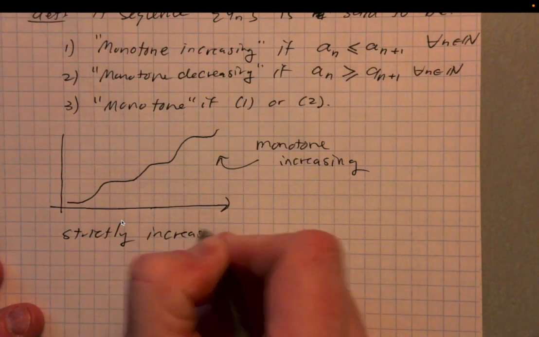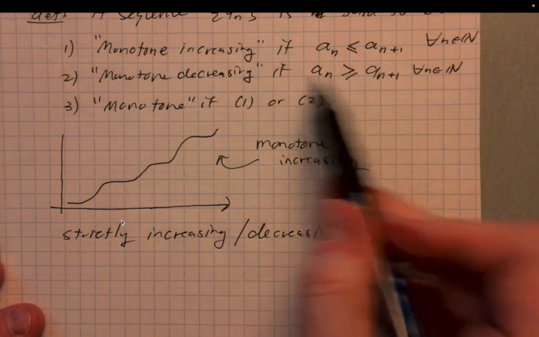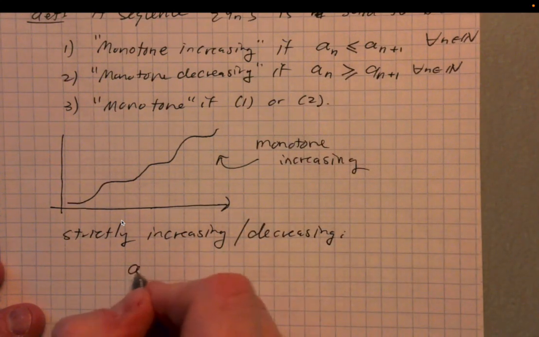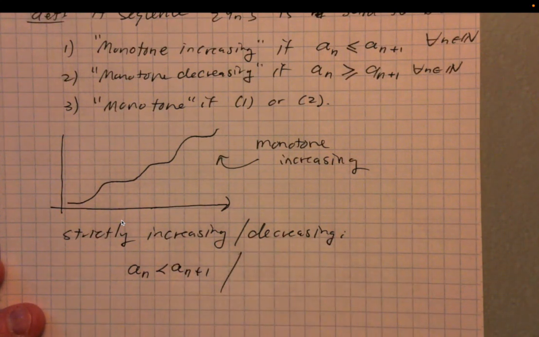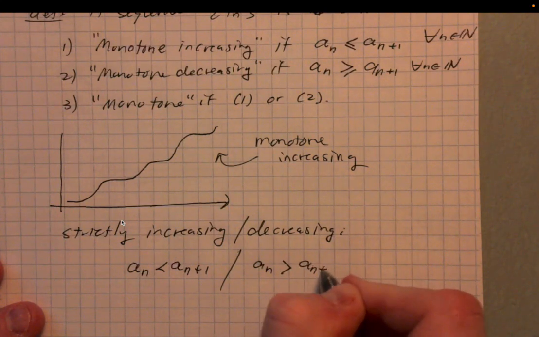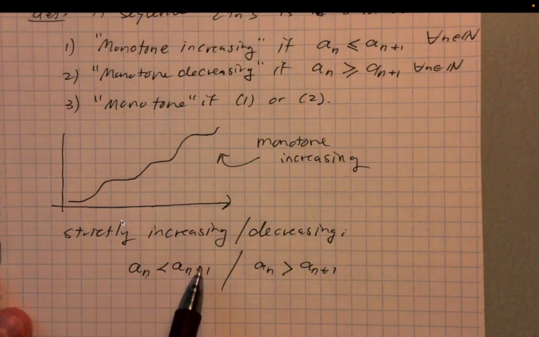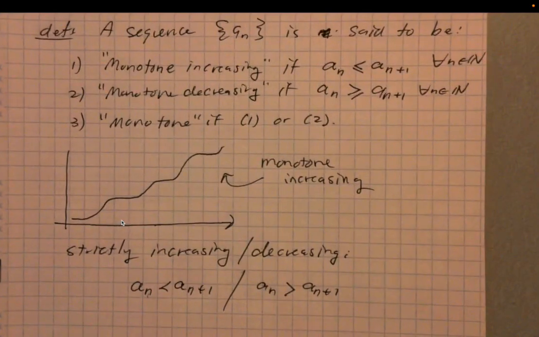Strictly increasing means that a sub n is less than a sub n plus 1, and strictly decreasing means that a sub n is greater than a sub n plus 1, meaning that each successive term is never equal, but either larger or, in the case of decreasing, smaller. This is what we mean by a monotone sequence.